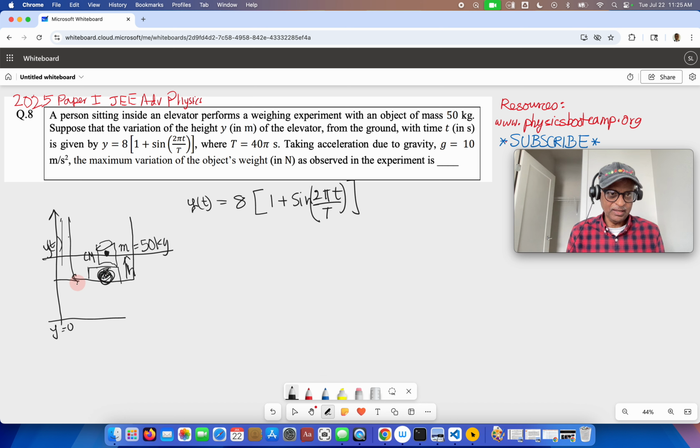What this scale's value will change, and that's where the physics part comes in. How do you analyze this?